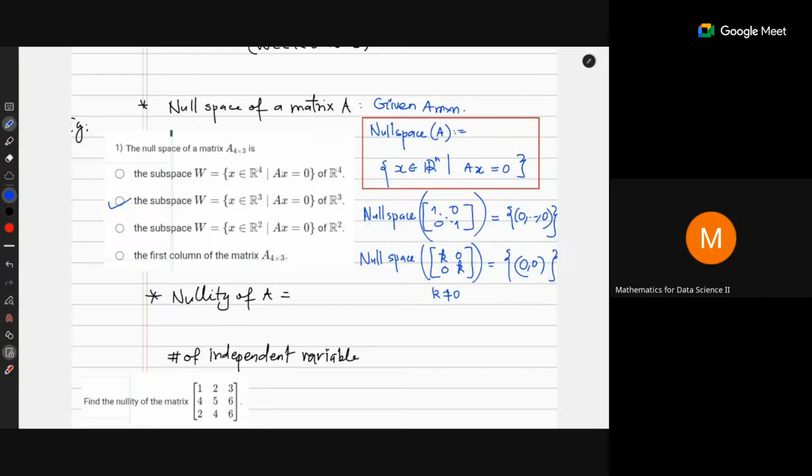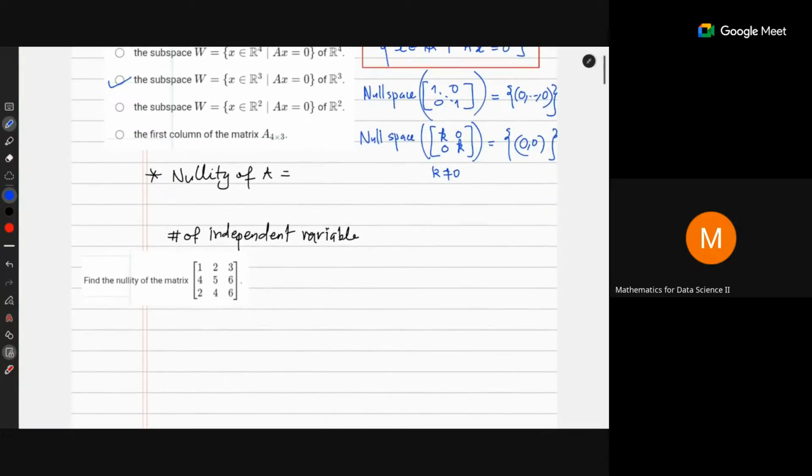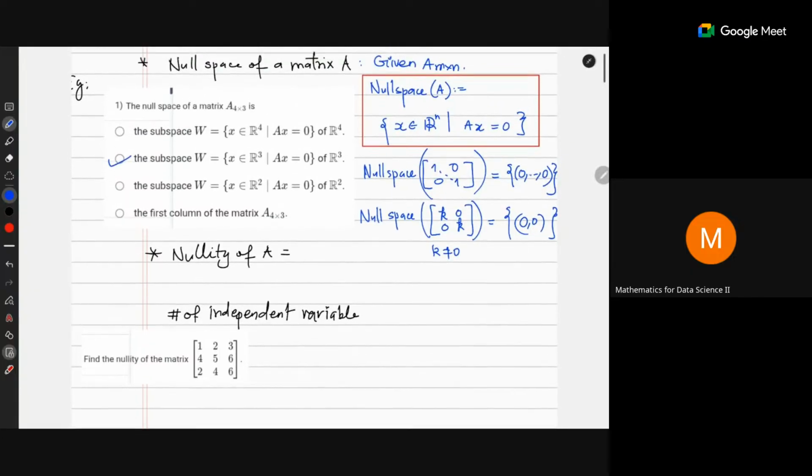All right, good. So what is the nullity of a matrix?